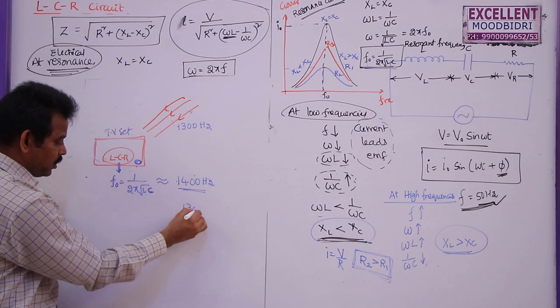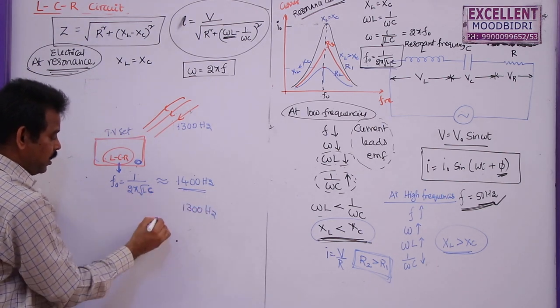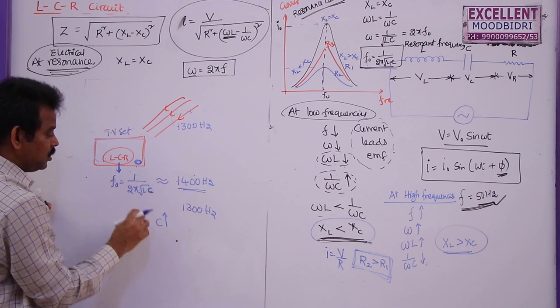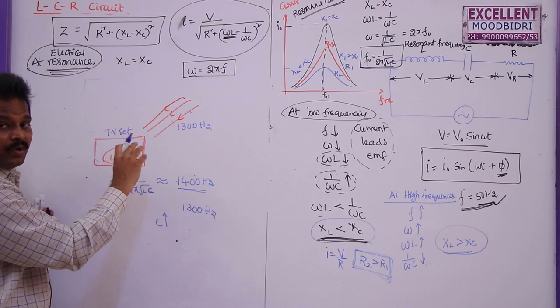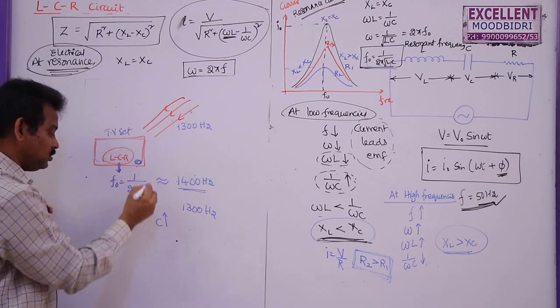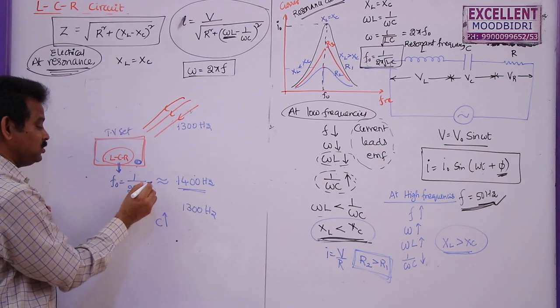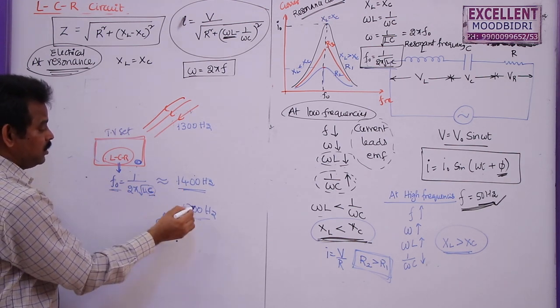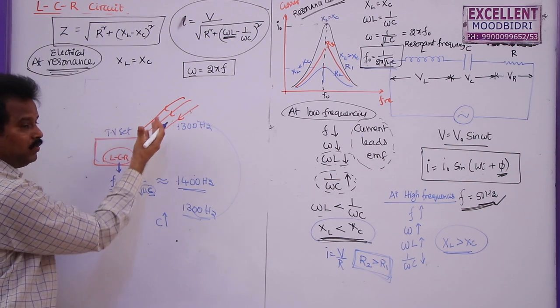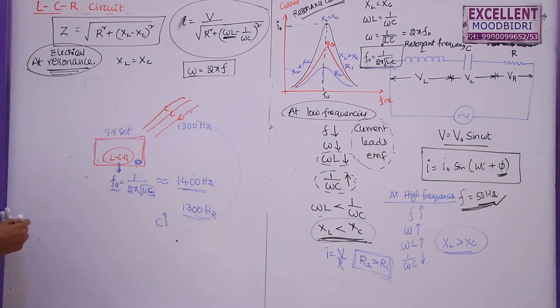To make it 1300 Hz, I need to increase the capacitance. So when we are tuning, this tuner is directly connected to a variable capacitor which increases the capacitance. Whenever the capacitance increases, the resonance frequency changes to 1300 Hz. When these two are equal, the TV set will receive the signal easily.